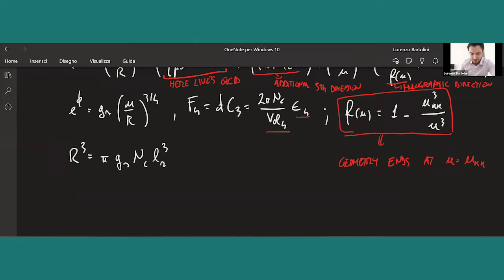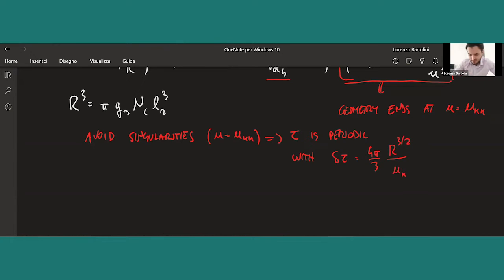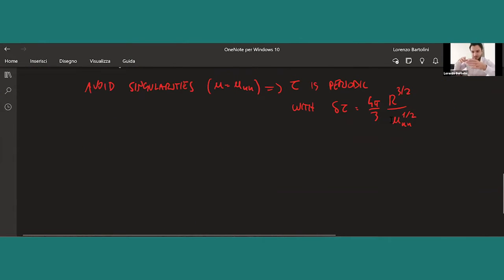And if we want to avoid singularities at u equals u_KK, then what happens is that the coordinate tau has to be periodic, with a period, which we call delta tau, of 4 pi over 3 R to the 3/2 u_KK to the 1/2. Okay, so this is the period, and if we look at it with also its factor f of u, we see that this is a circle that, as you go down into the bulk, shrinks, and its radius goes to 0 when you reach u_KK.